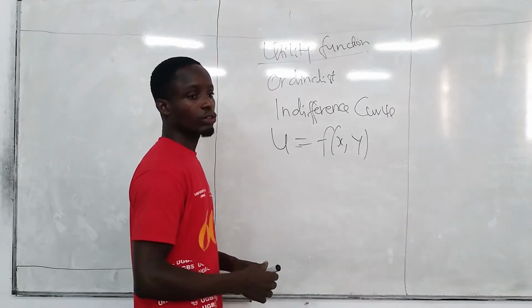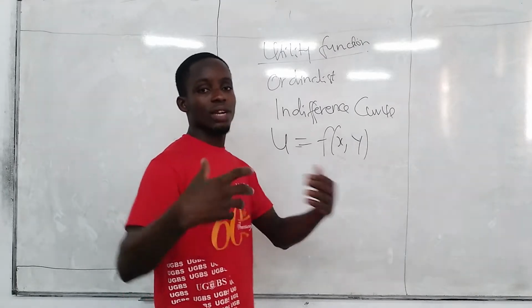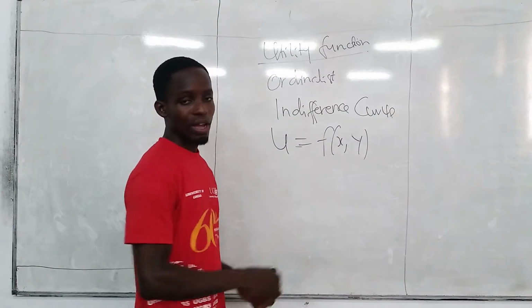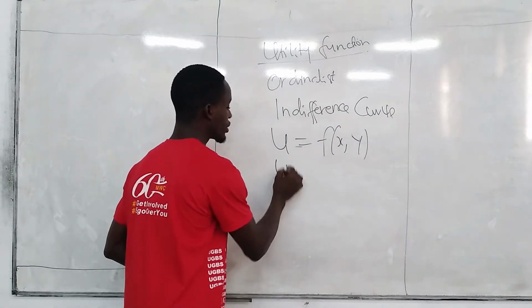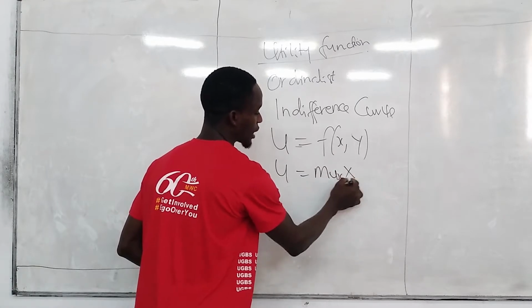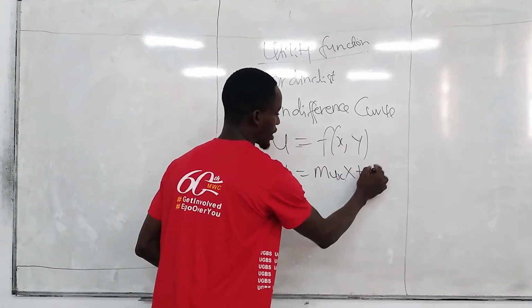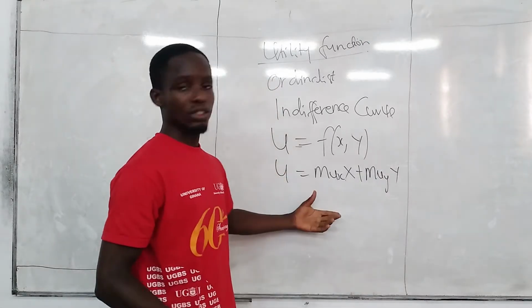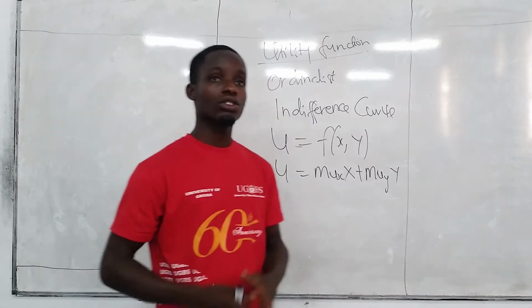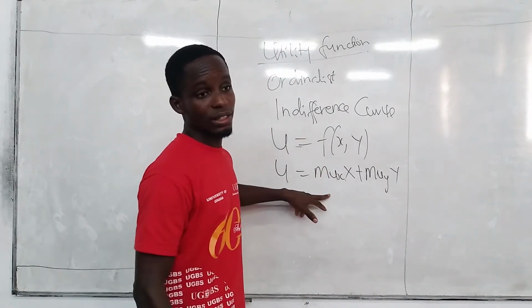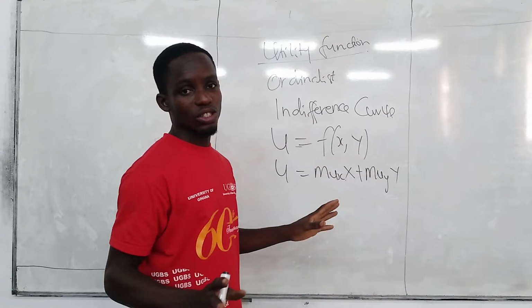The only thing you must also do is look at the extra satisfaction you derive from these two commodities. You put them together and you have your utility. So I will have utility equals the extra satisfaction I derive from X plus the extra satisfaction I derive from Y. And that is all. Here too, the only thing I want you to know is this function and how to write it in this form.